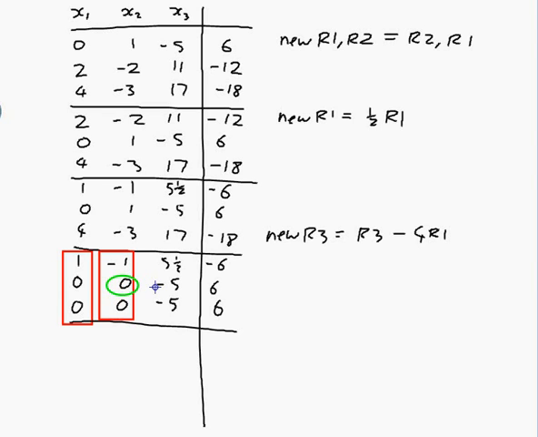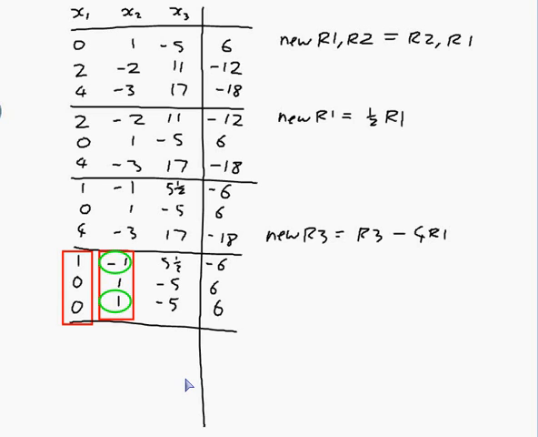But I don't need to worry about that for the moment, because what I want is a 1 here, and I already have a 1 there, so that's good. So now what I want is zeros here and here. Zeros in those two positions.